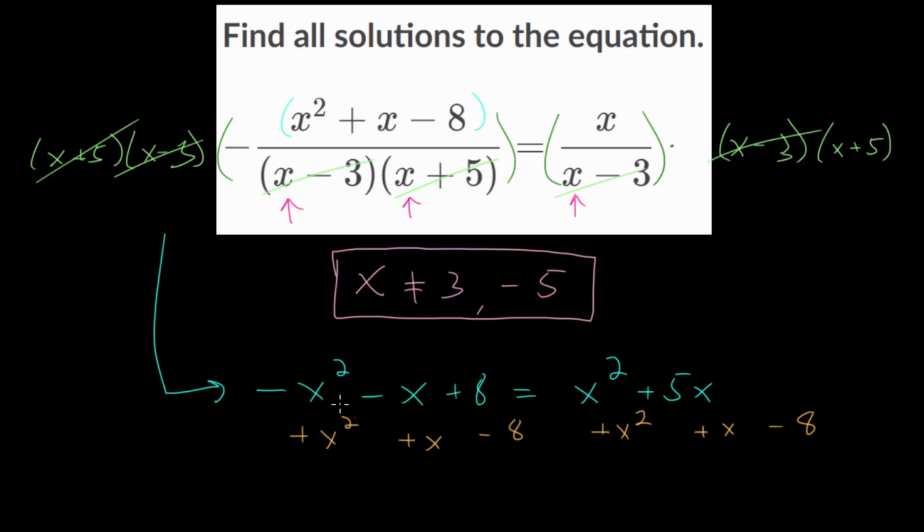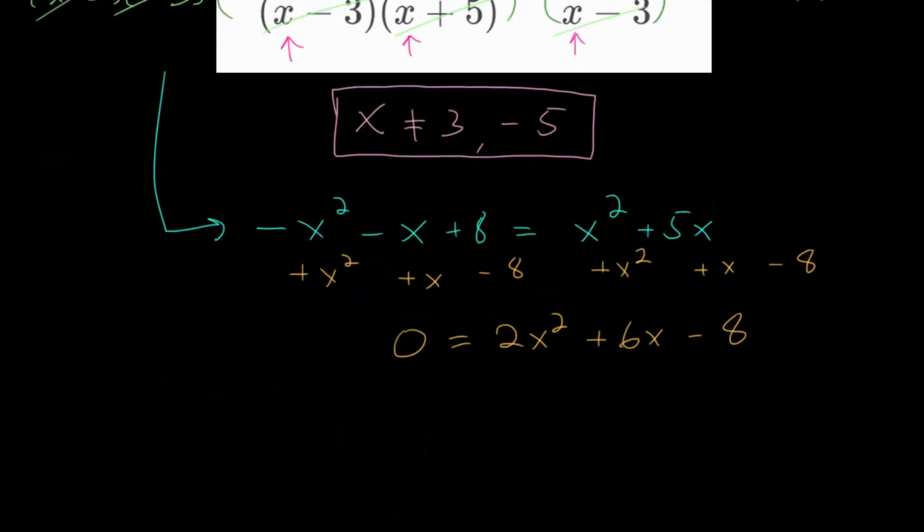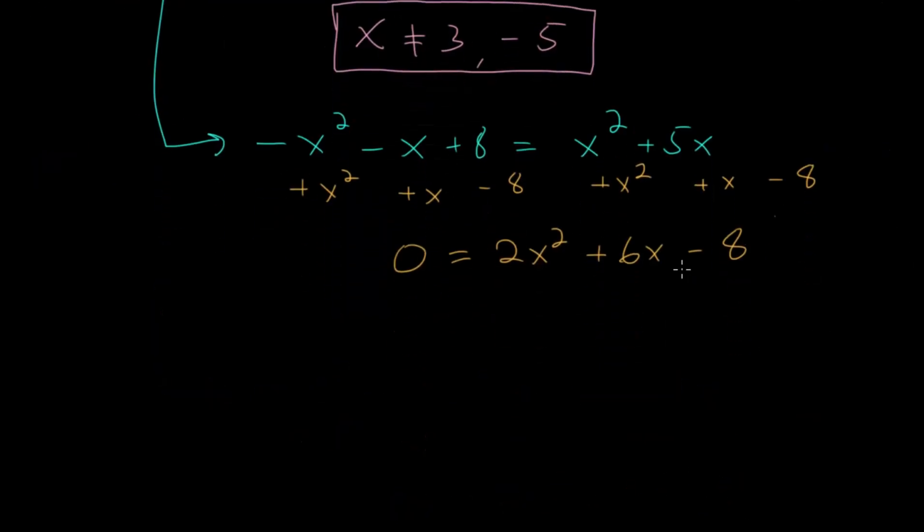On the left-hand side, notice that these all cancel and we just get 0. On the right-hand side, we get 2x squared plus 6x minus 8. Let me just make a little bit of room here so that we can keep working. Now notice that each of these terms is divisible by 2.